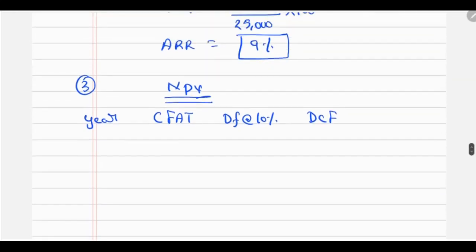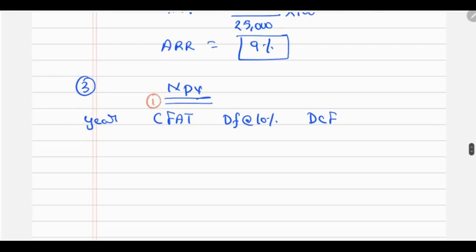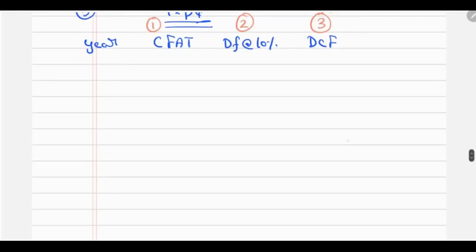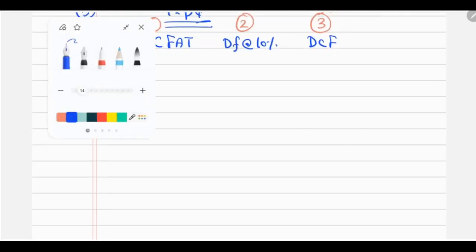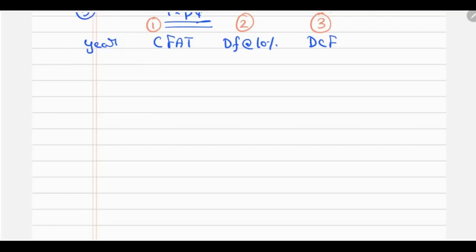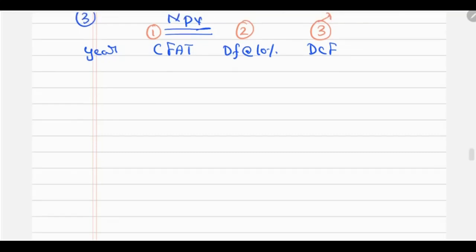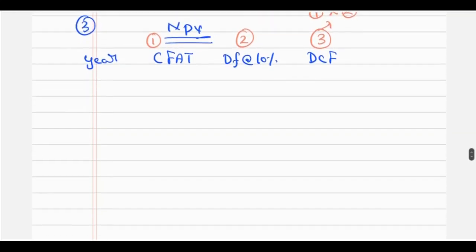So here we can put the numbers 1, 2, and 3. In the discounted cash flow, we multiply the cash flow after tax with your discount factor, and we'll be adding all the discounted cash flow. That will be your total present cash flow. From that, we have to reduce the investment, and we can derive whether NPV is positive or NPV is negative.